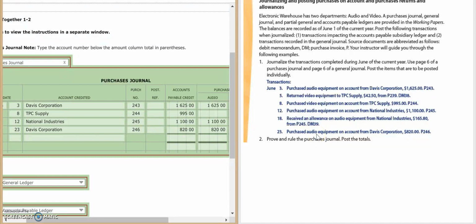So our next step is to post the accounts that need to be posted individually. The ones that need to be posted individually are obviously all of the ones coming from our purchases journal. So we'll start with our purchases journal, and you can see our first one is for Davis Corporation.